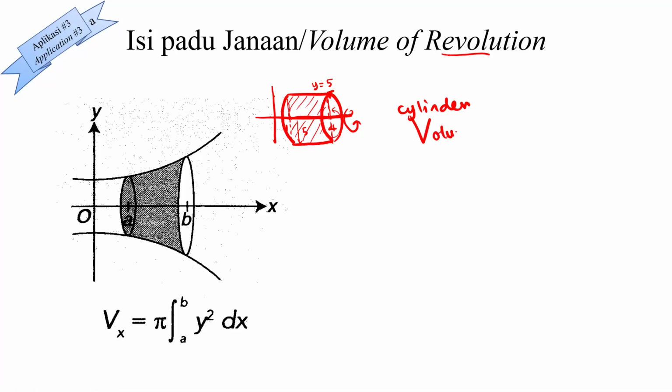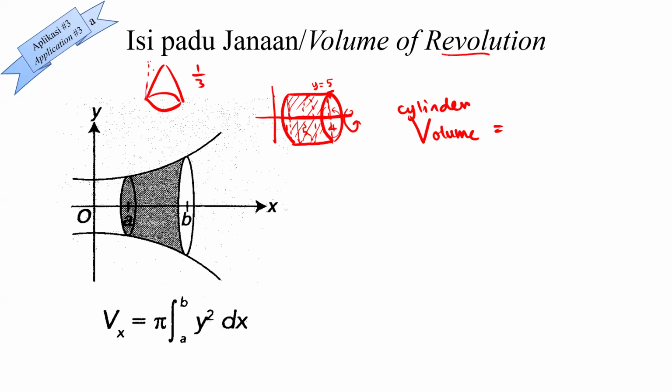How do you find the volume of cylinder? What is the formula? No, it's a uniform cross section, so no 1/3 is involved. 1/3 is involved when it is not uniform, from big to small, like cone shape. Why?